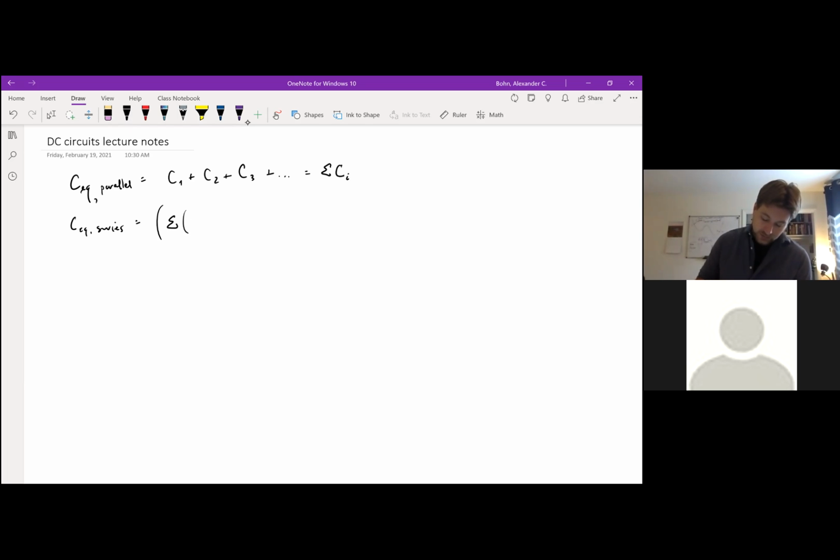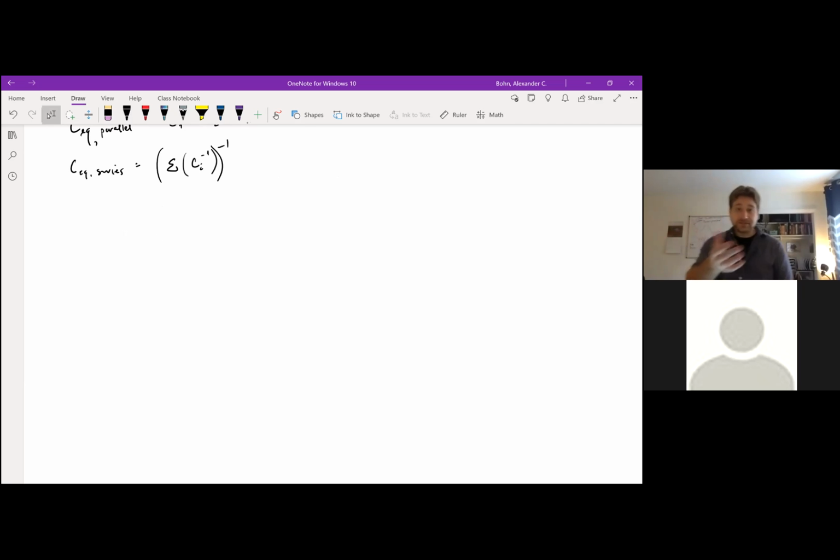And I'm going to write it this way: take each capacitance, find its reciprocal, add those things up, and then find the reciprocal of that. Things we knew. What about resistors? We talked about resistors in the last lecture, the last discussion. What if we have multiple resistors?